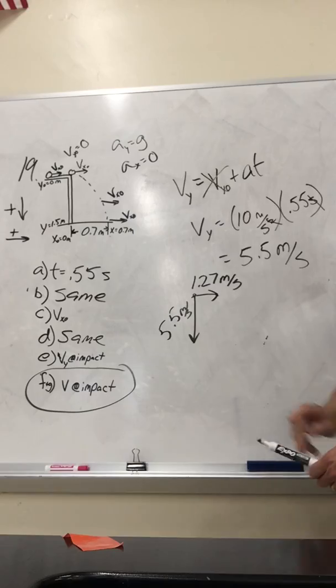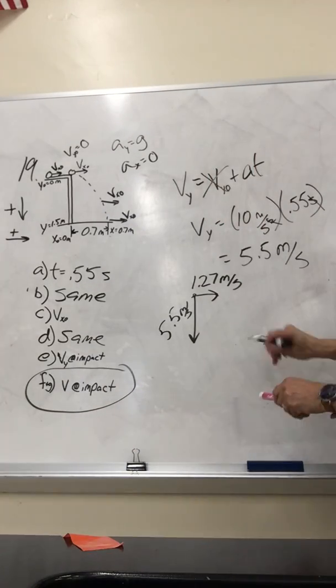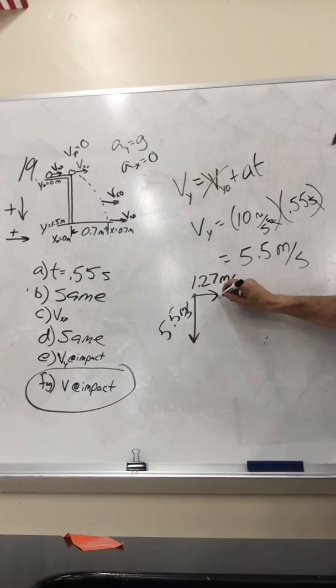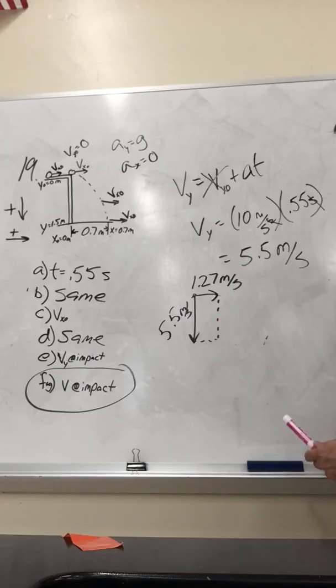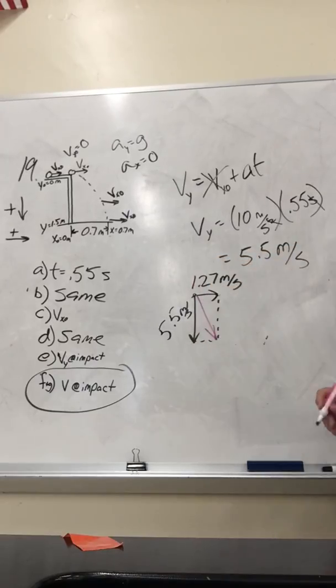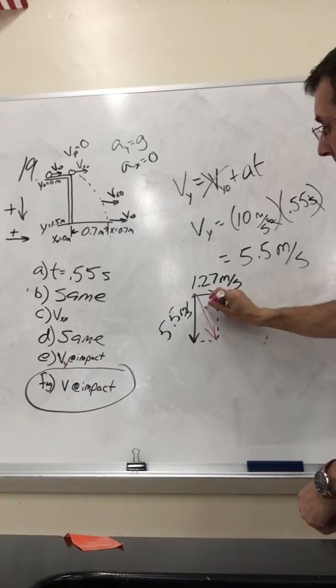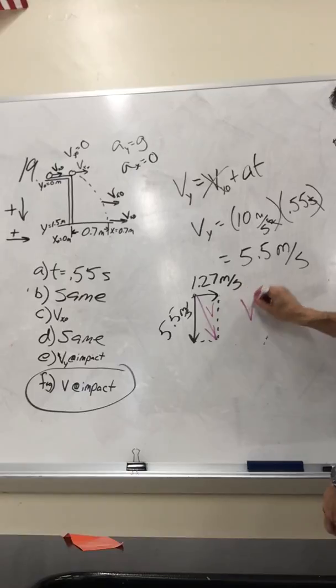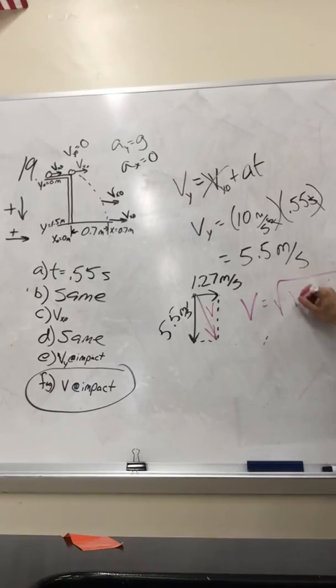Well, the actual velocity I could find if I made a little rectangle out of that and then drew the diagonal. That red vector is the overall velocity. That overall velocity can be found by the square root of my two component velocities squared and added.